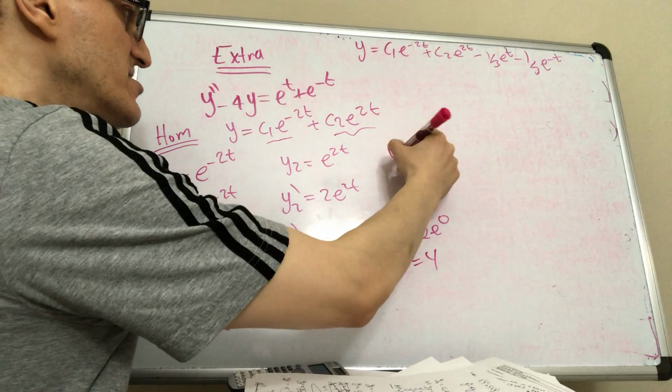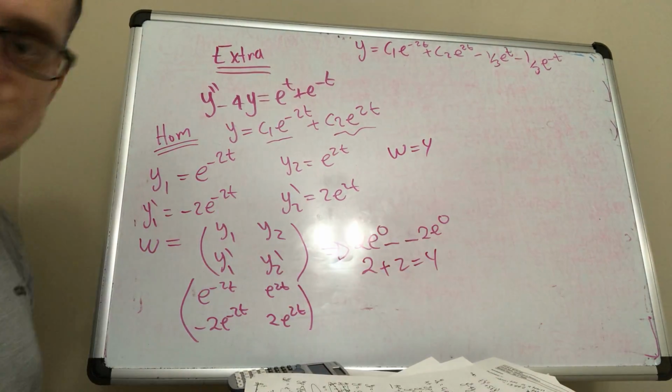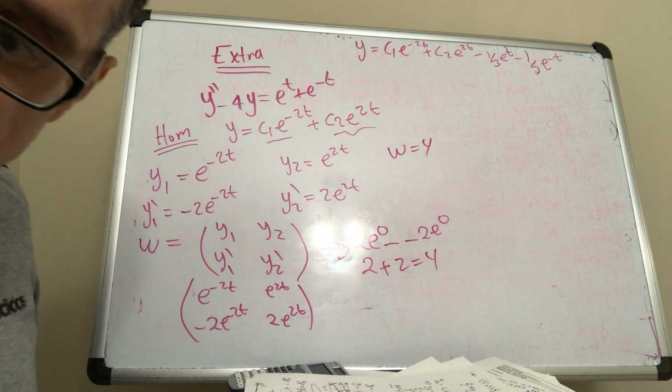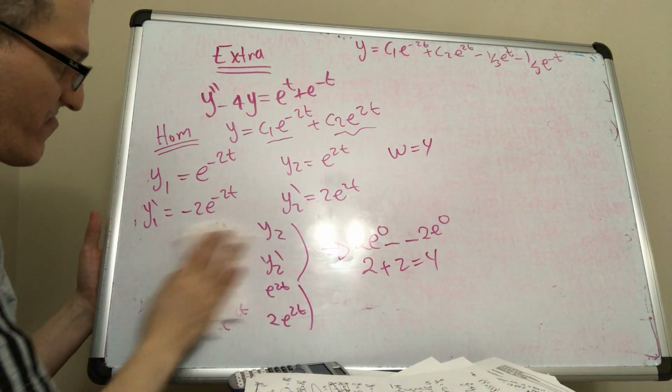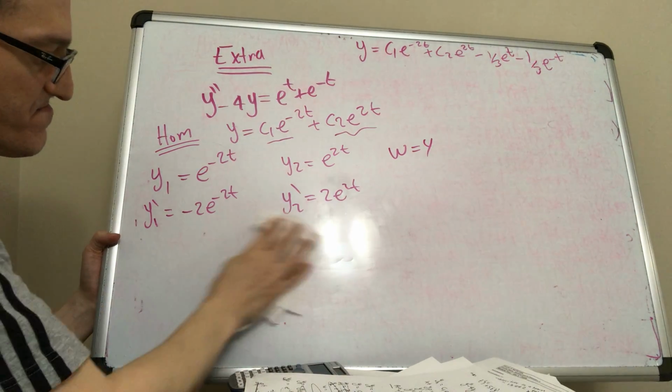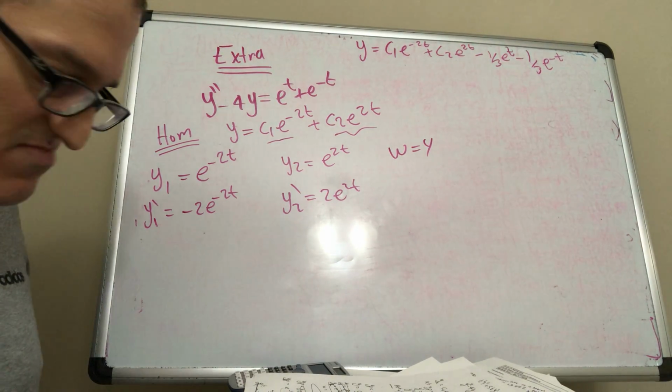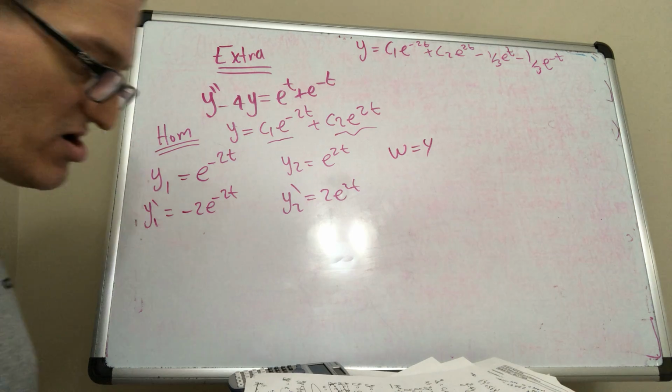So I'm going to add it here. W is 4. So once you find W, you're going to put them all into this.